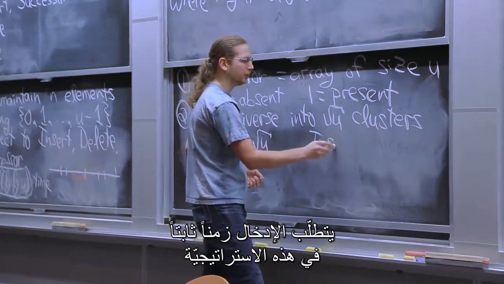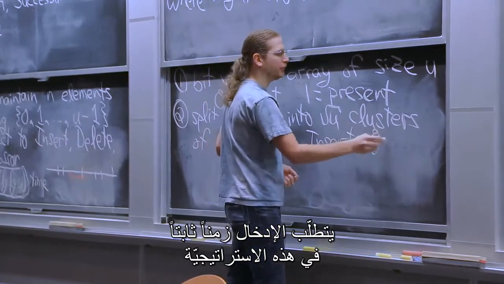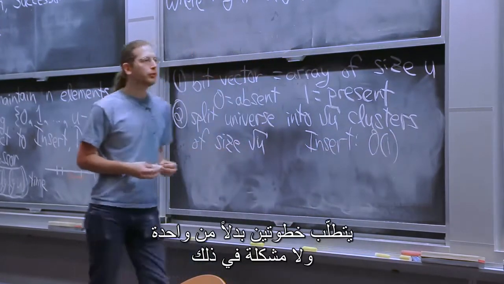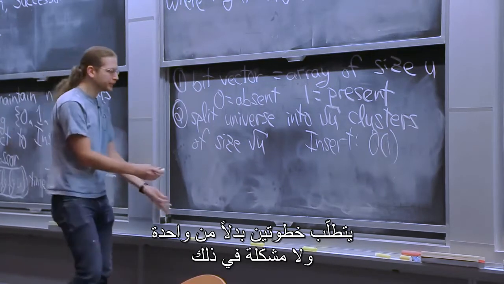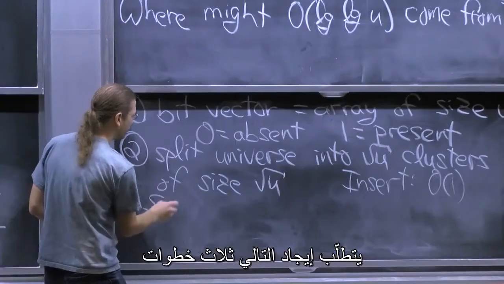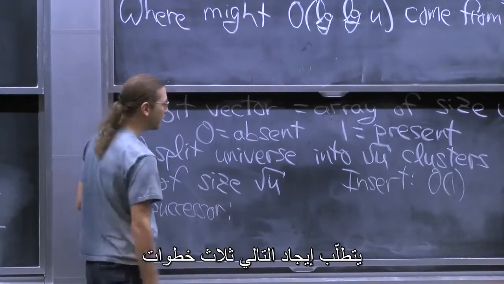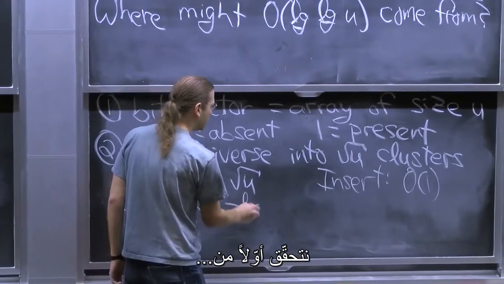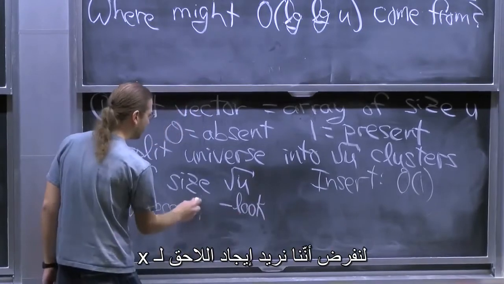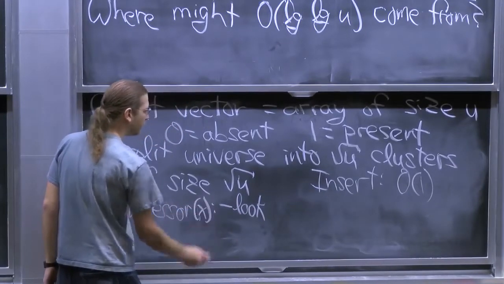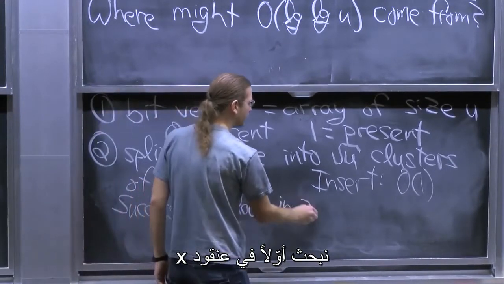Insert with this strategy is still constant time. It's 2 steps instead of 1, but it's good. Successor does 3 things. Let's say, successor of x. First thing we do is look in x's cluster.